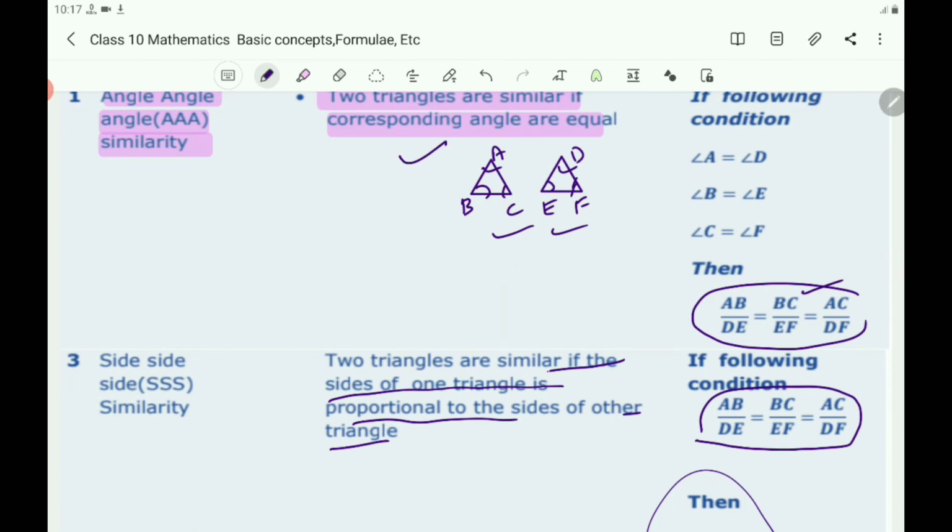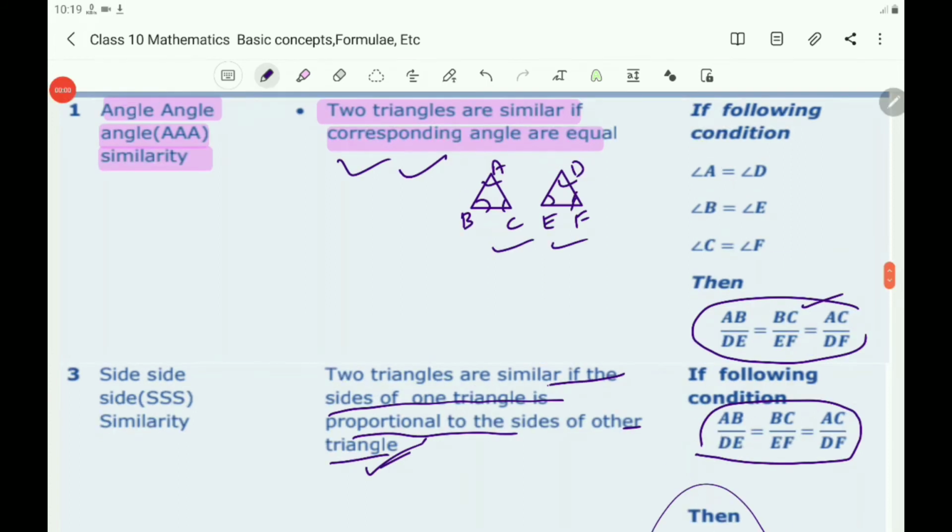If they are equiangular, then their corresponding sides become proportional. If the corresponding sides become proportional, then they become equiangular. So if AAA holds, SSS holds automatically. If SSS holds, AAA holds automatically.